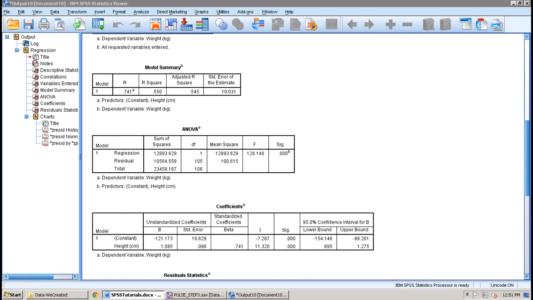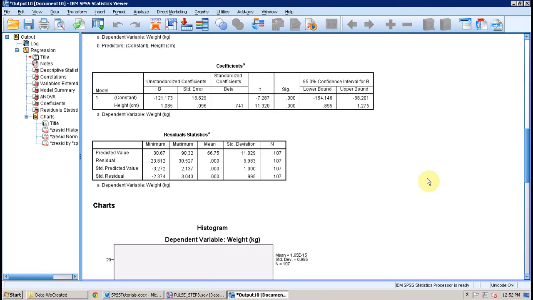The slope implies that on average for each 1 centimeter increase in height, the mean weight increases by 1.085 kilograms. And the 95% confidence interval suggests this increase could be as low as 0.895 to as high as 1.275. Finally, there is a summary of the residual statistics.